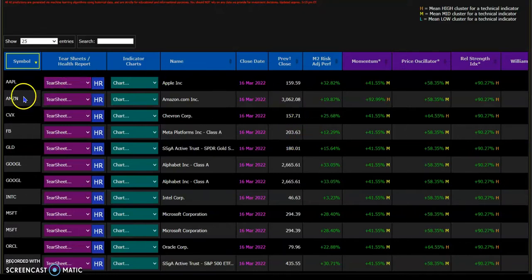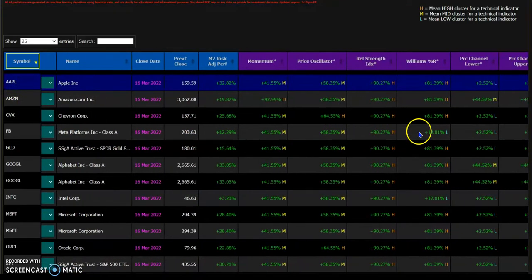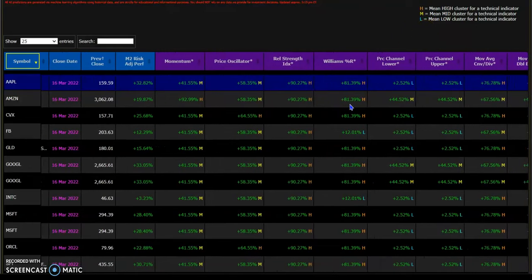Each stock in your portfolio will show in this grid, and for each stock you'll see outputs where, using machine learning, the different clusters around different technical indicators are calculated according to high, medium, and low clusters, as you can see right here.